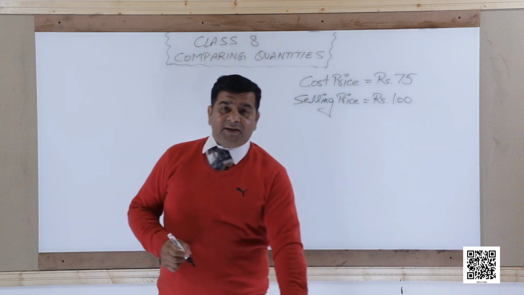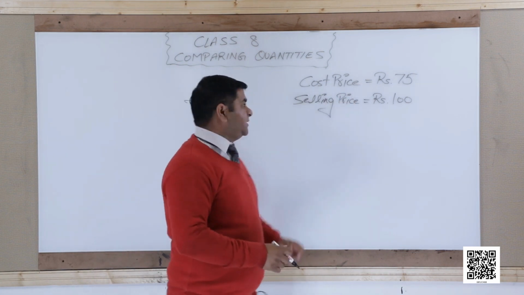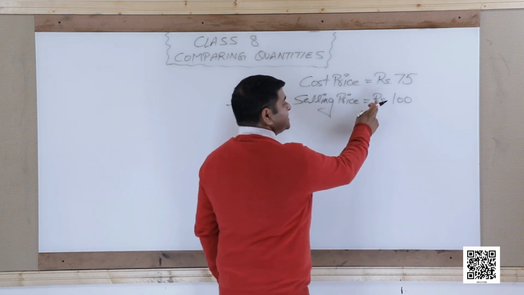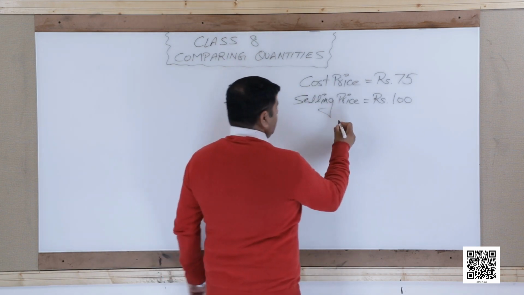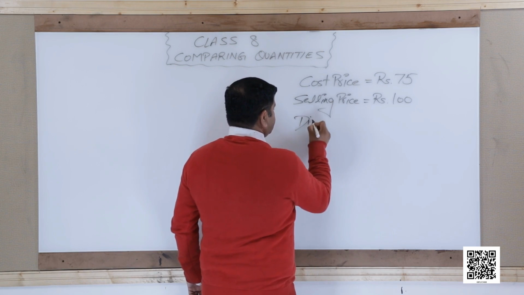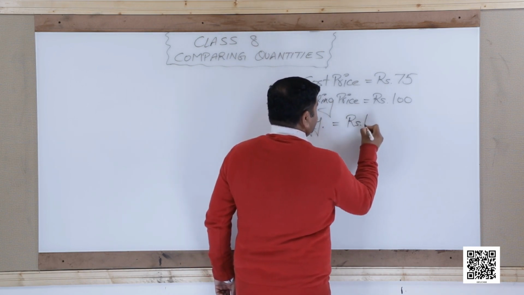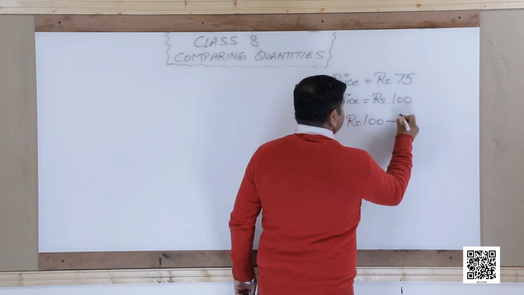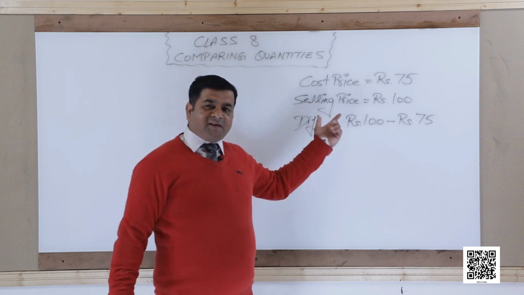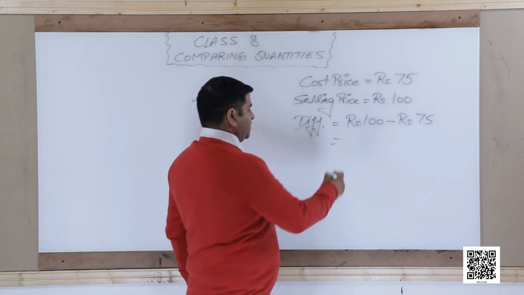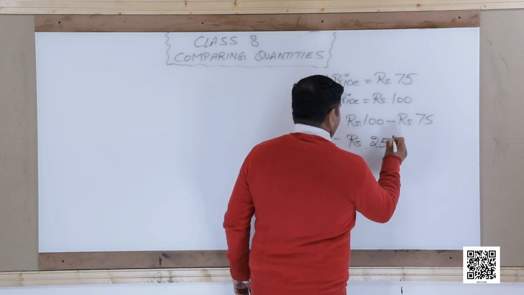Now see, let's find the difference between the cost price and the selling price. As selling price is higher than the cost price, the difference will be rupees 100 minus rupees 75. And what is 100 minus 75? We know it, it is rupees 25.